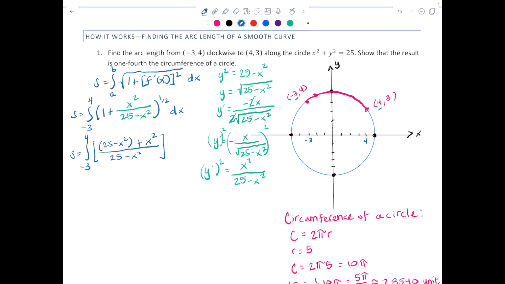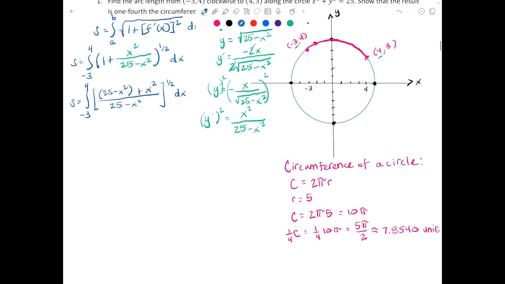All of that is to the 1/2 power, integrated with respect to x. Simplifying, s equals the integral from negative 3 to 4, and the x squareds zero out.